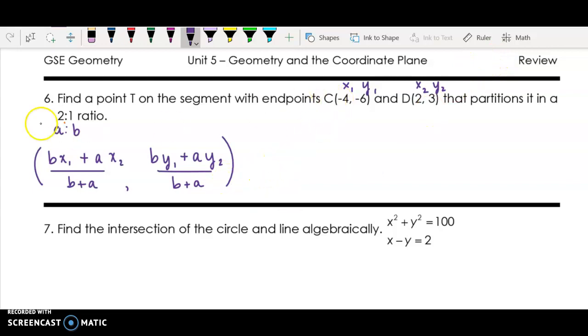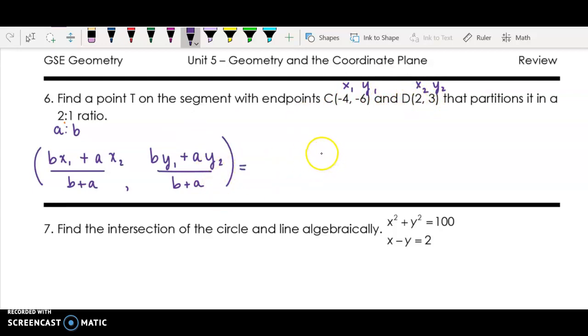Order does matter because in the 2-to-1 ratio, you've got a total of 3 parts on your line segment. If you wanted the longer 2 pieces to be closer to C, as it will be in this situation, versus closer to D, it matters which end you start from.